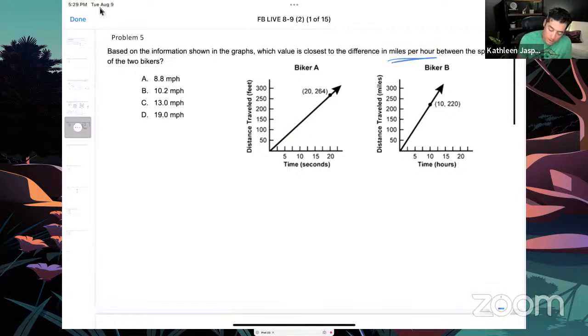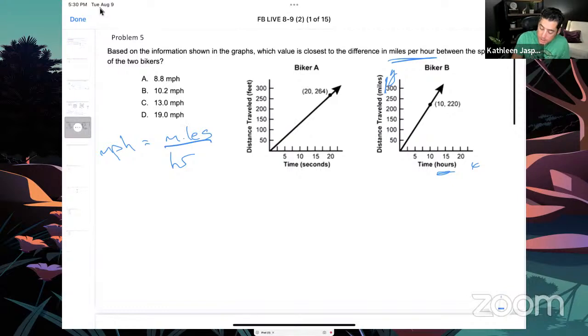MPH is the same as miles divided by hours. So when we look at our graph for biker B, we have miles here, which is the y-axis, and hours here, which is the x-axis.